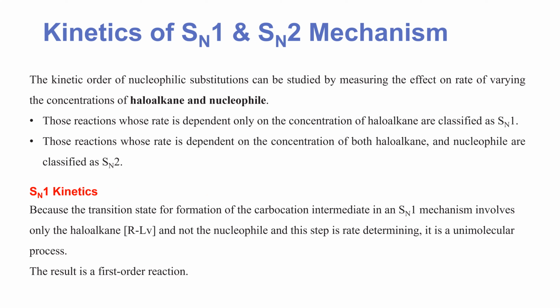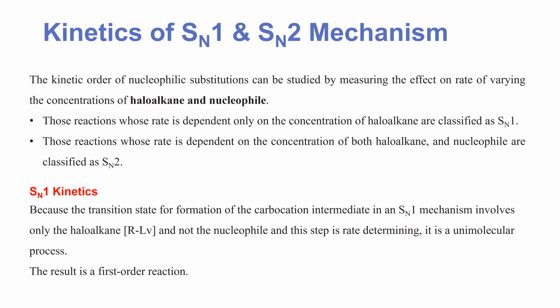Now we are going to discuss the kinetics of the SN1 and SN2 mechanisms. It is very important to decide through what order of reaction the reaction is happening, what kinetics are involved in SN1 and SN2. By looking at the details of the kinetics of both mechanisms, we can predict whether the reaction is probably going through SN1 or SN2.